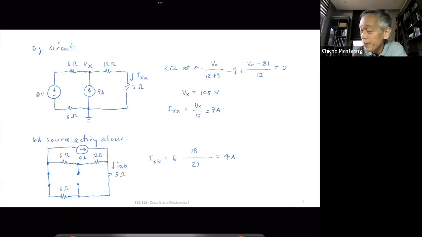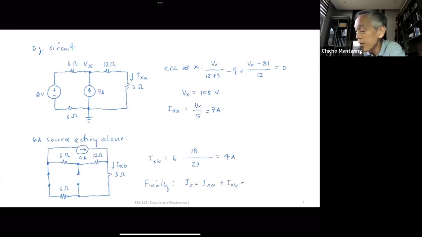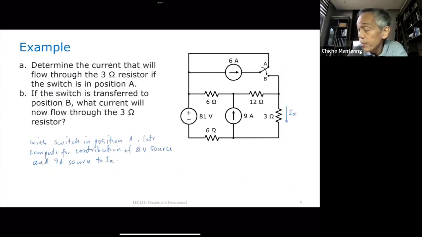So finally, my IX is just IXA plus IXB, which is now going to be 7 amperes plus 4 amperes, which is 11 amperes. The key takeaway is this: with my switch in position A, I already know the contribution to IX of these two.